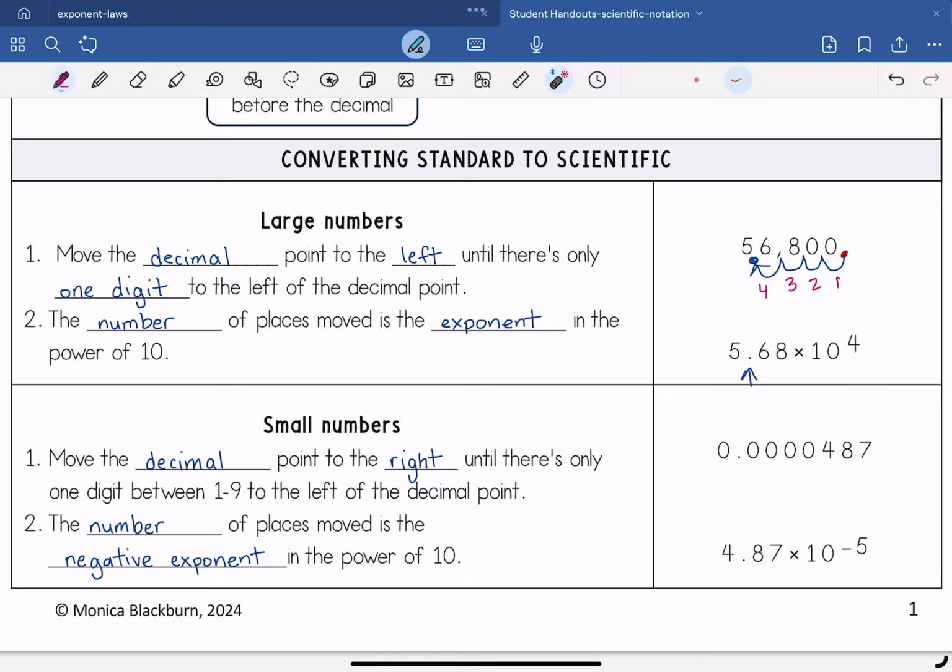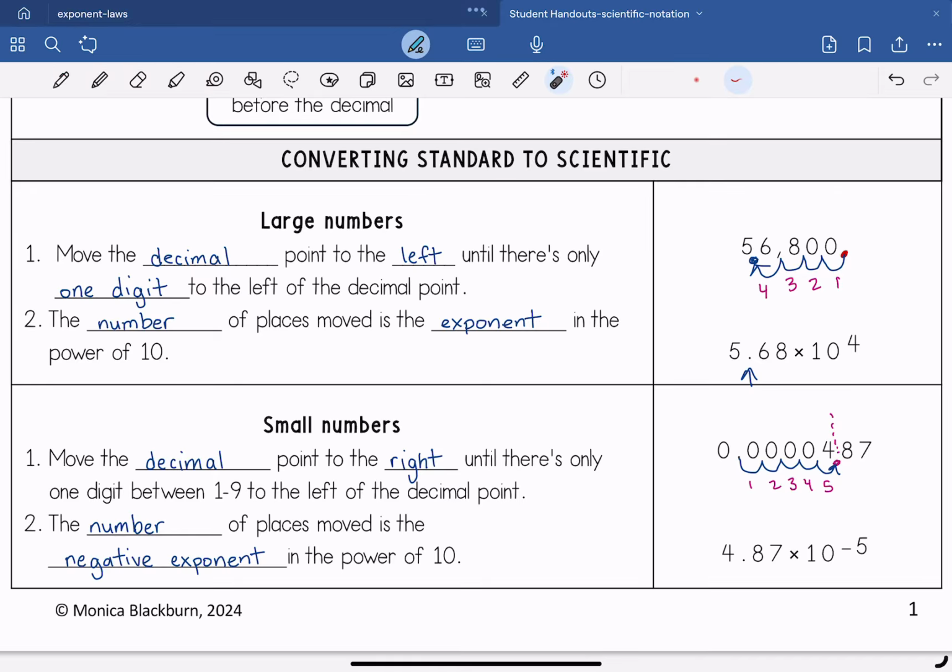So let's switch this color to red. I ultimately want my decimal point to be here so that I have one digit on the left of the decimal point. So I'm going to start from this decimal point and move it 1, 2, 3, 4, 5 places.